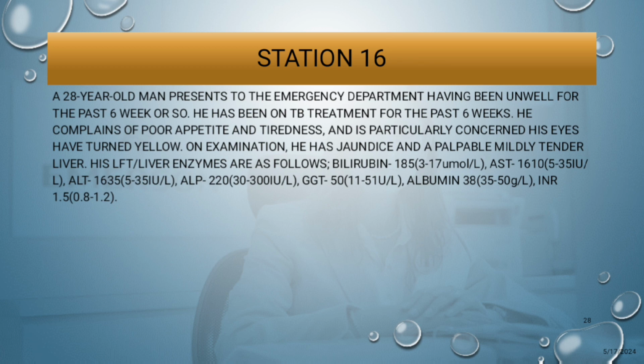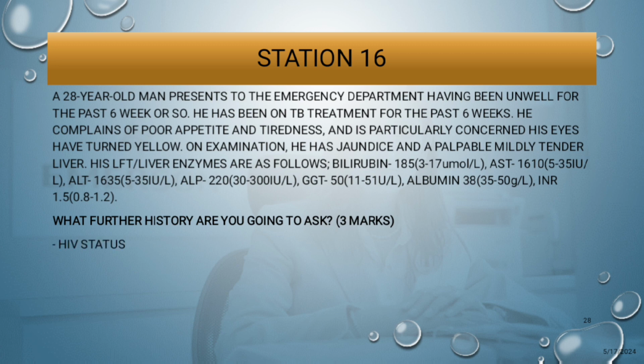Then the ALP is 220 and the normal is 30 to 300 international units per liter. Then the GGT is 50 and the normal is 11 to 51 international units per liter. Then the albumin is 35 to 38 and the normal is 35 to 50 grams per liter. Then the INR is 1.5. Okay, so what further questions are you going to ask?